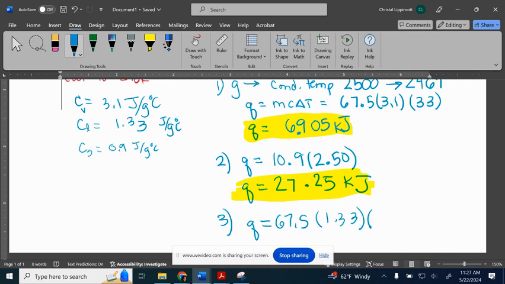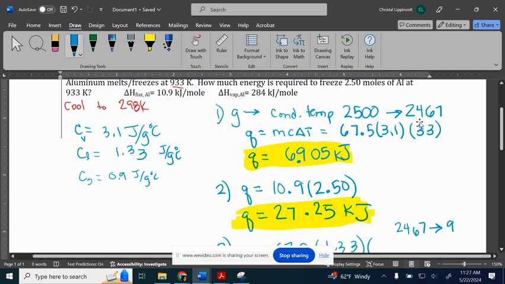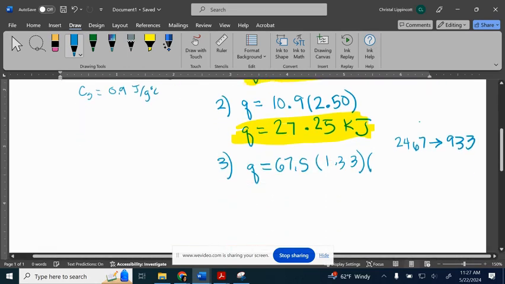So now my temp in this one is going from 2467 down to 933. So I'm cooling this down until it gets to the phase change where it's changing into a solid. And the temperature difference there is 1534. So I'm going to multiply these together.